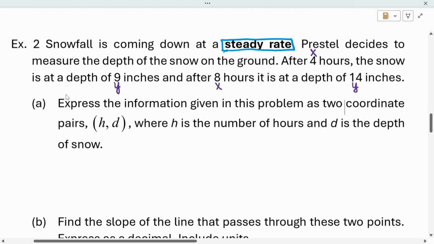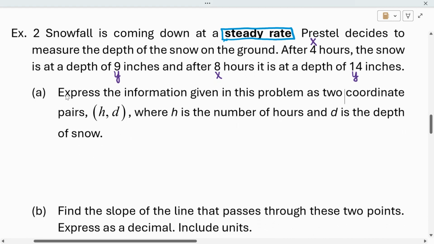So it says express the information given in this problem as two coordinate pairs, h standing for the hours in time, and d standing for the depth of the snow. So I know that my two ordered pairs are (4, 9) for 4 hours and a depth of 9 inches, and the second ordered pair, (8, 14), 8 hours and a depth of 14 inches.